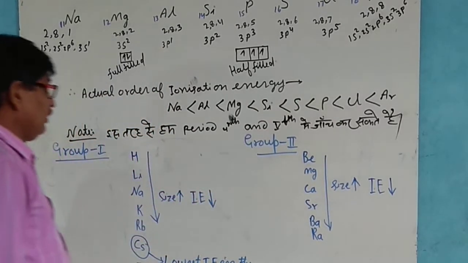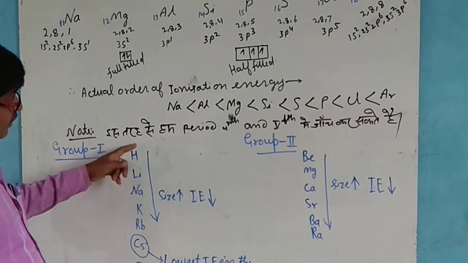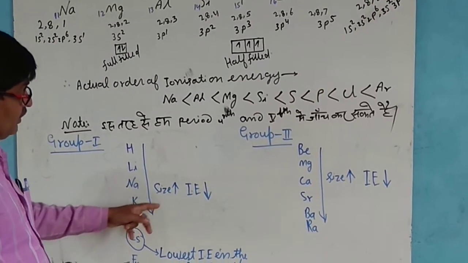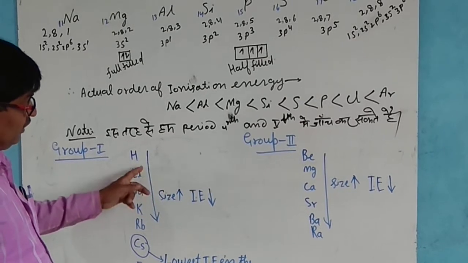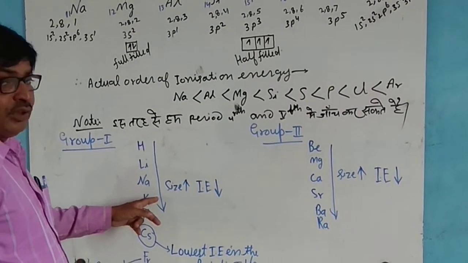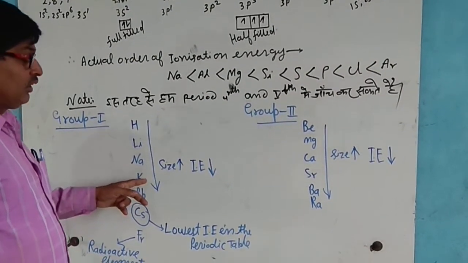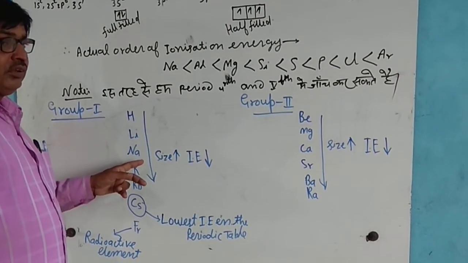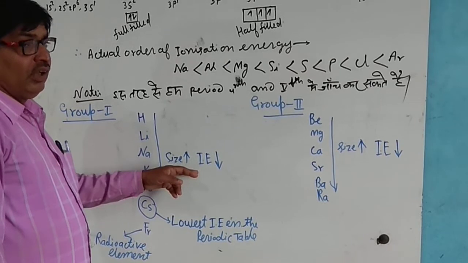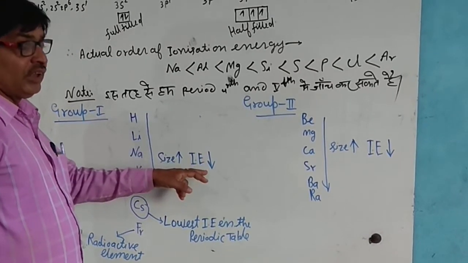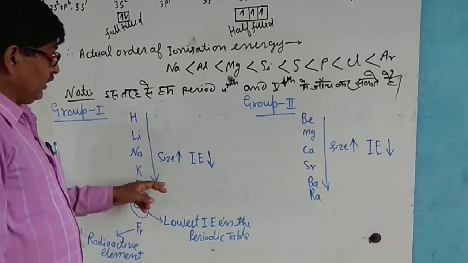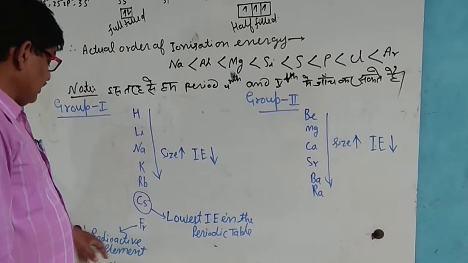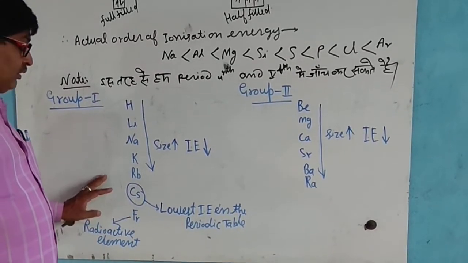Here in this case size increases, and if the size increases, so the electron is less bonded with the nucleus, so ionization energy will decrease. Here francium is a radioactive element.